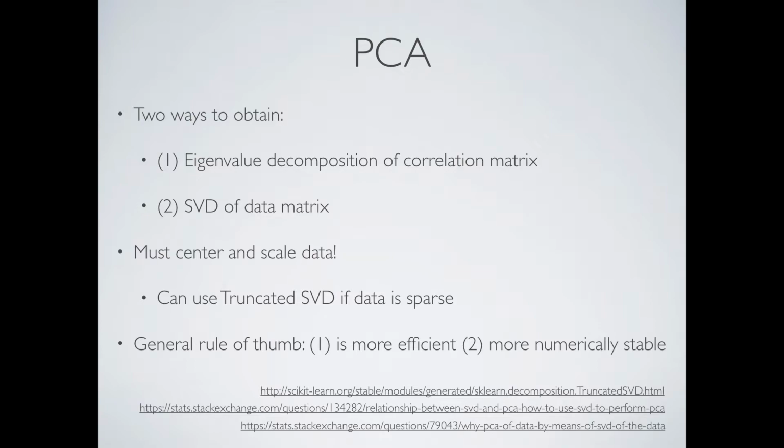A rule of thumb for doing this is that a correlation matrix is going to be a much smaller matrix most of the time than your input space, because you're going to get a square matrix that's basically just m by n, I think, right? M is the features, or n, I don't remember. But either way works, and if you use scikit-learn, you don't really care which one it does. It just does it really fast. There's a bunch of links down here if you want to read more on it.